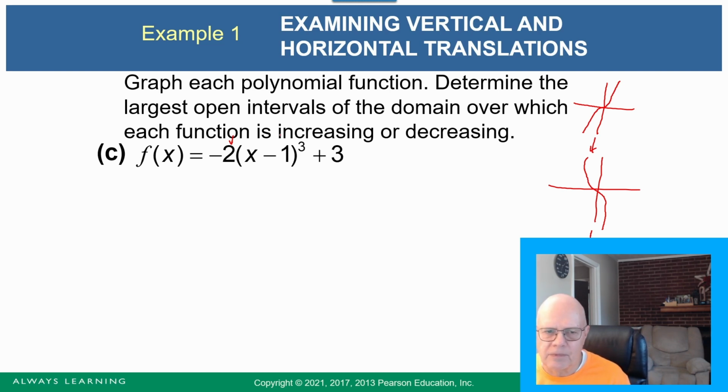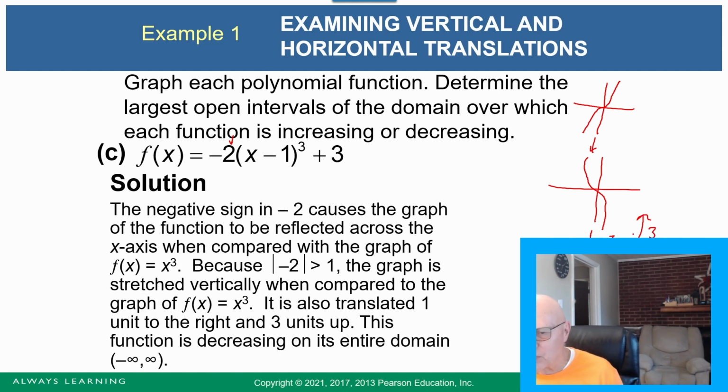Next, it has a minus 1 here, so that's going to move it to the right 1 unit. So we're going to take this and move it to the right 1 unit. And then I'll show that later. This plus 3 means it's going to go up 3 units. So to the right 1 unit and up 3. And we'll get a good picture of it.